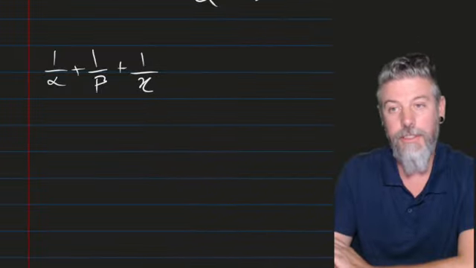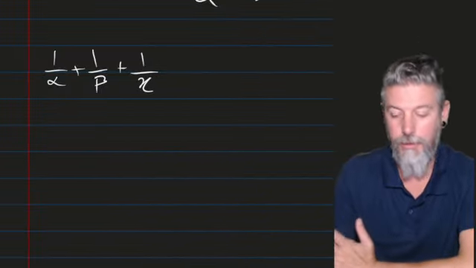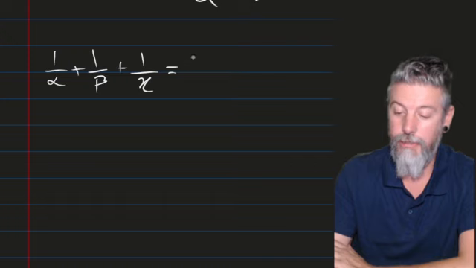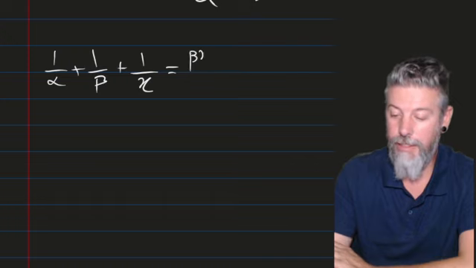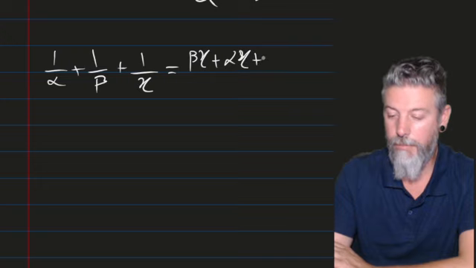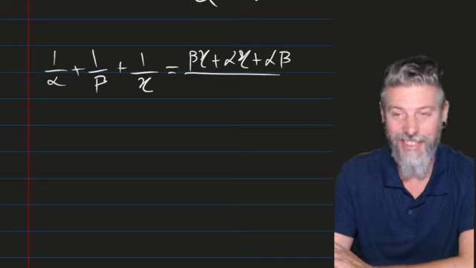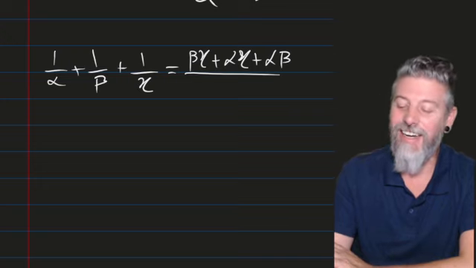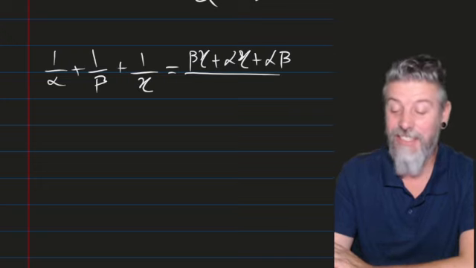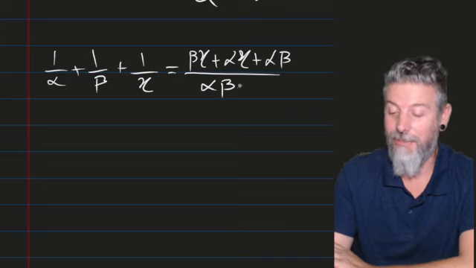But if we put these fractions together, so we're going to cross multiply common denominator, we're going to get beta gamma plus alpha gamma plus alpha beta all over, I say beta or beta, I'm not sure which one is Australian English, but I'll just keep switching between the two, so I mean the same thing.